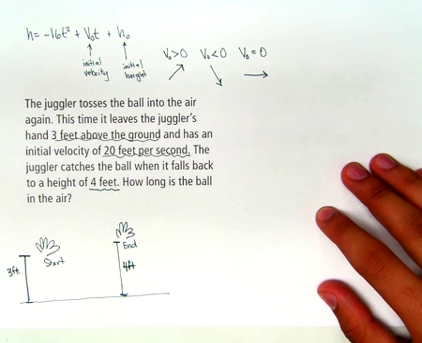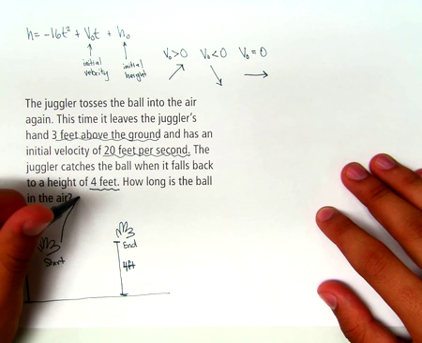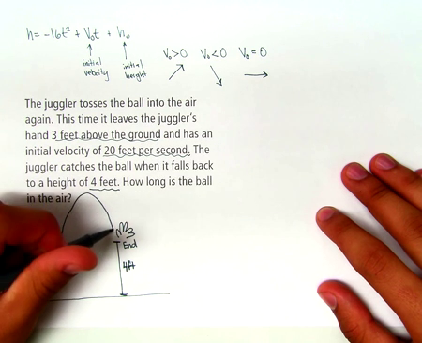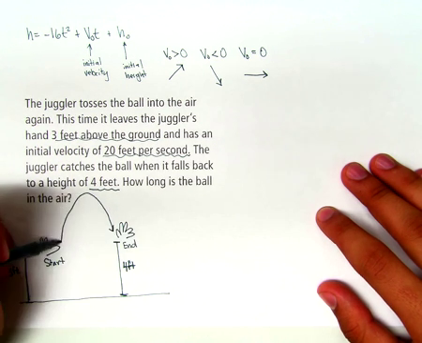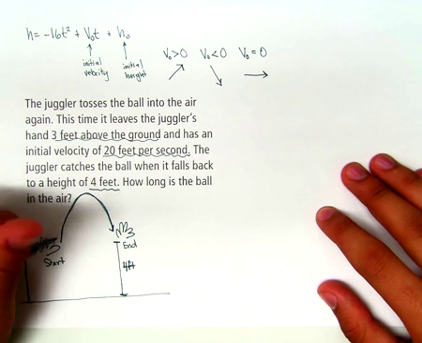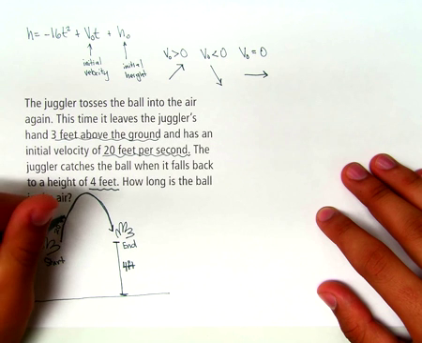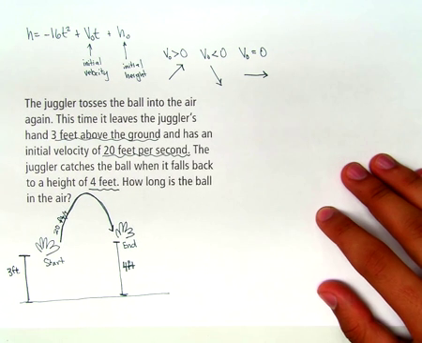So now what are we missing? Yeah, the velocity. And we know if we throw a ball, it's going to go up, and it's going to come back down. And the initial velocity, that's the velocity when it leaves his hand. So we can write 20 feet per second.